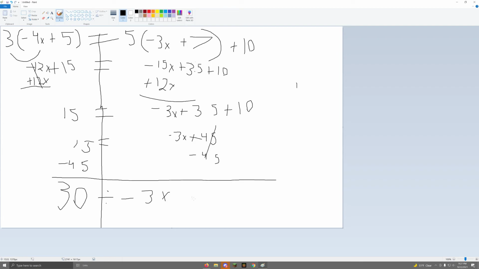I am not totally sure on the negative divided by a positive, but I know for sure that a positive divided by a negative equals a positive. So, we can count up how many times 3 goes into 30. 3, 6, 9, 12, 15, 18, 21, 24, 27, 30. 10 times. And the answer would be positive 10. So, x equals positive 10.